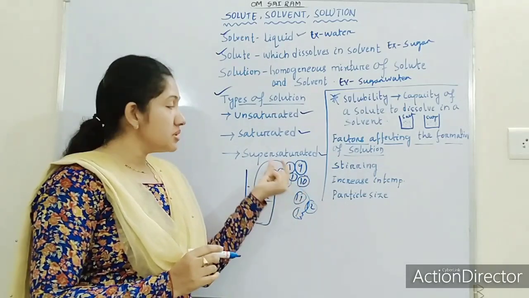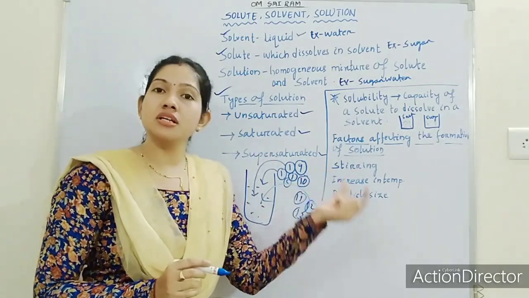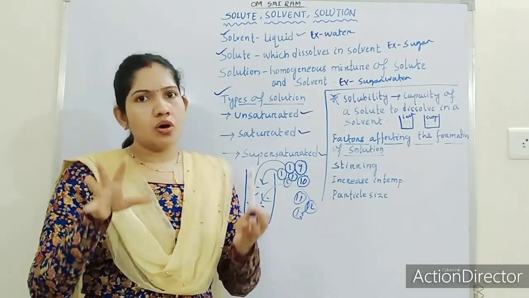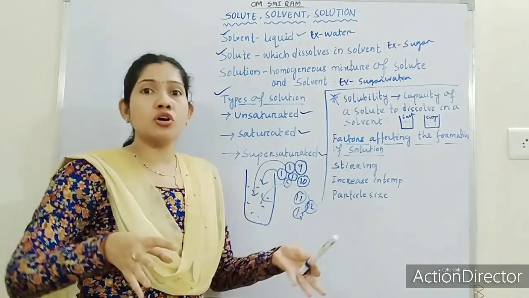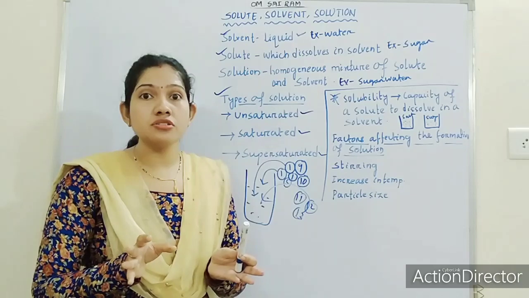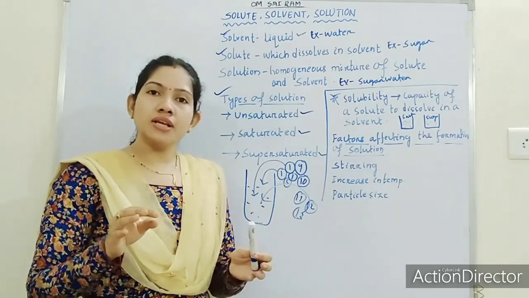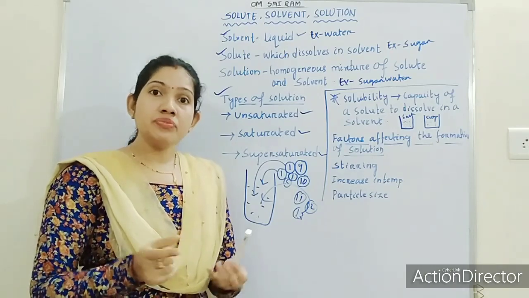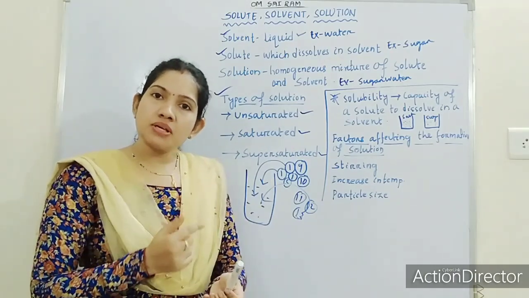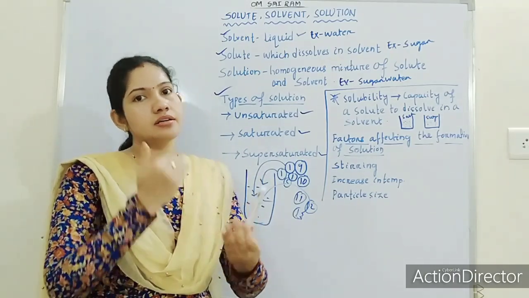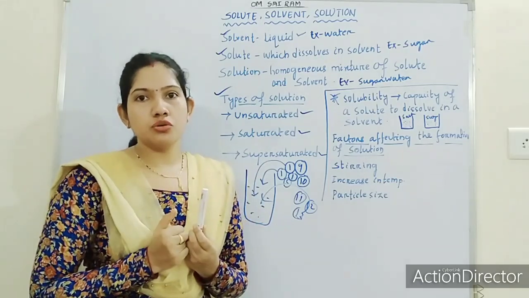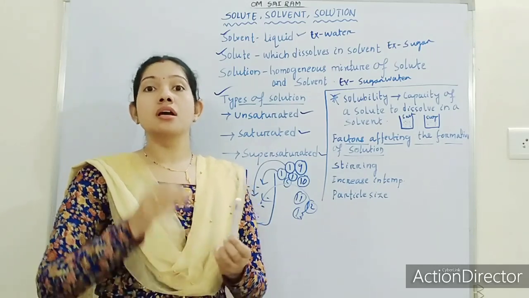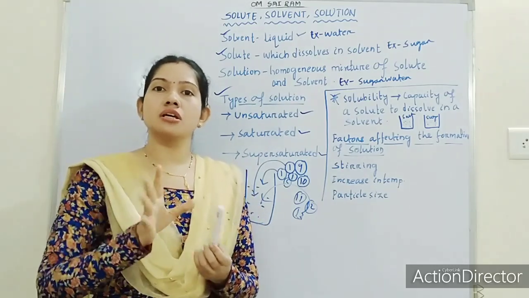So that time it is known as a supersaturated solution, means already it is saturated, already it has taken more solute, it cannot dissolve more. But if we increase the temperature, again it gets the capacity to take some more solute. That time that solution is known as a supersaturated solution.